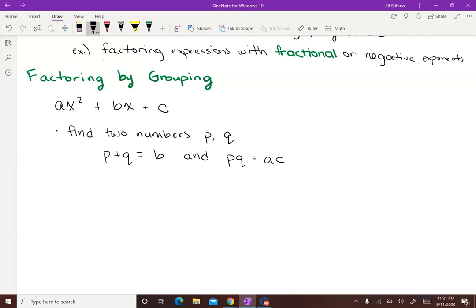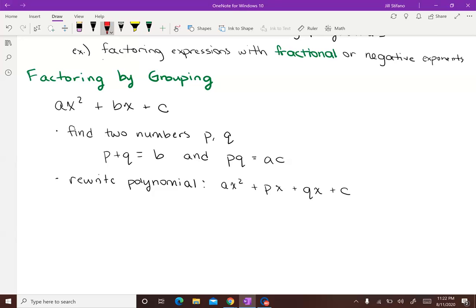Once we find these numbers, P and Q, we can rewrite the polynomial splitting up the middle term using P and Q instead of B. So we would get ax squared plus Px plus Qx plus C.